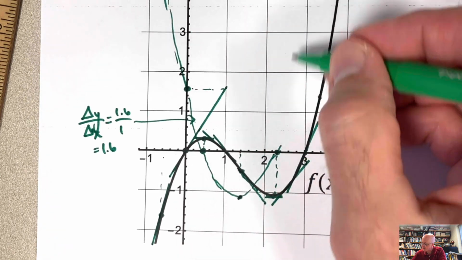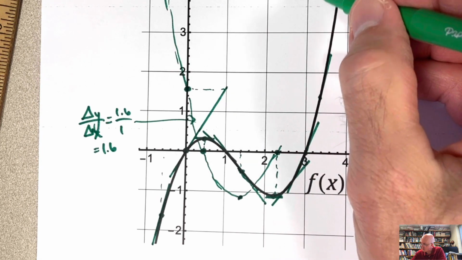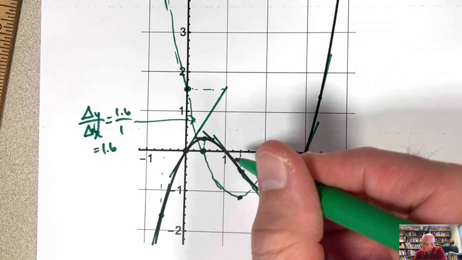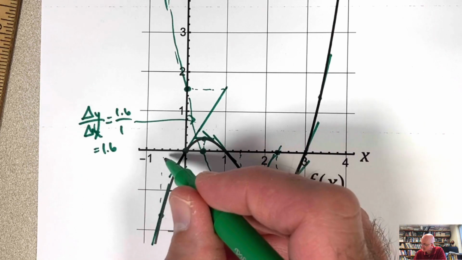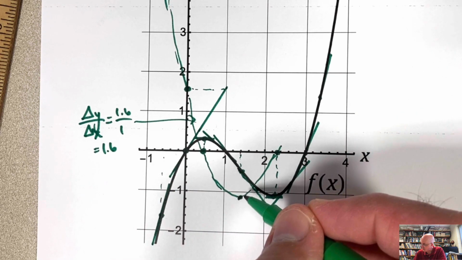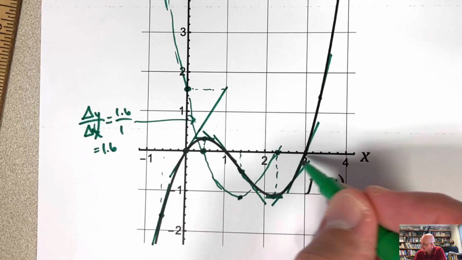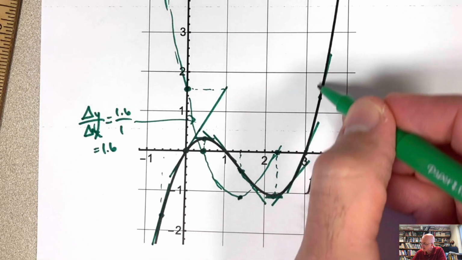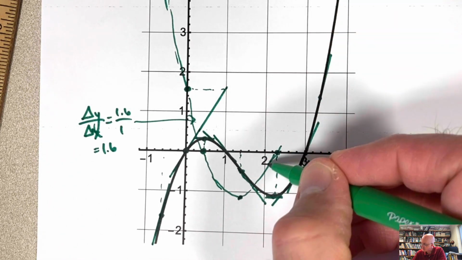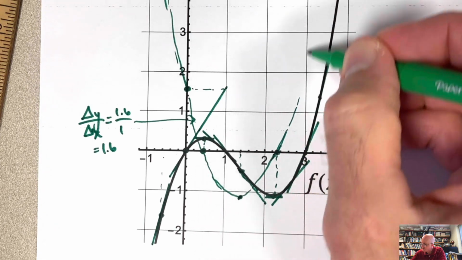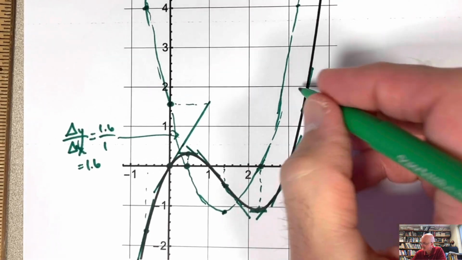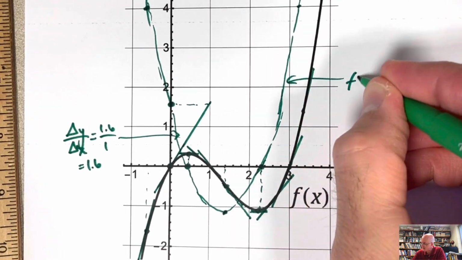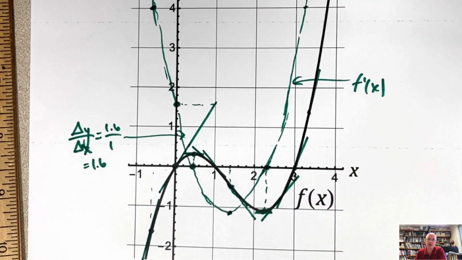And so it's going to go up to a value of 4 or so when you are about, how far would it be? 1.4 plus 0.6, about 2 units to the right of 1.4, which would bring us to 3.4 or so, is going to be about when the value is up to 4 or so. So that graph is a halfway decent graph of the derivative of f.